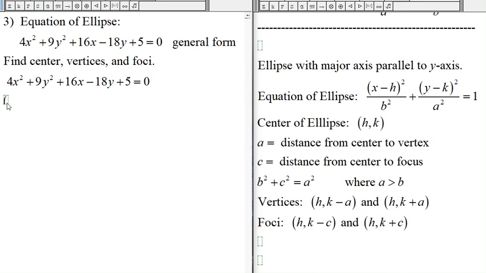So first, group all the terms that have an x in it. And next, group everything that has a y in it, all the terms with a y in it.